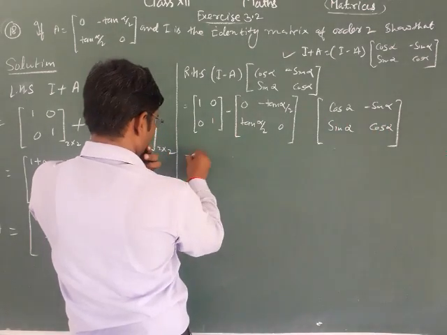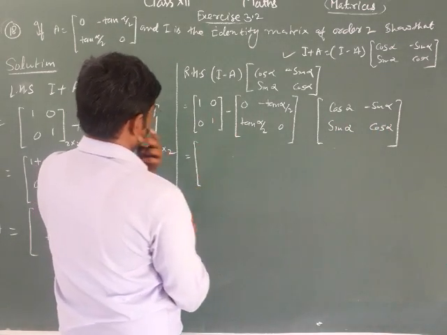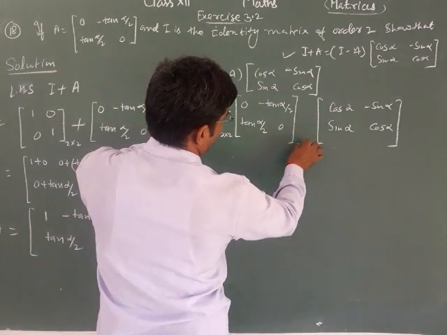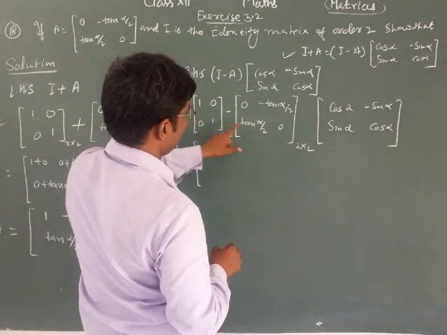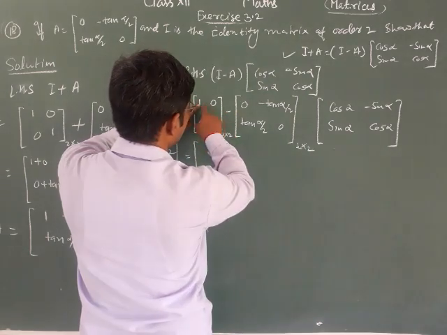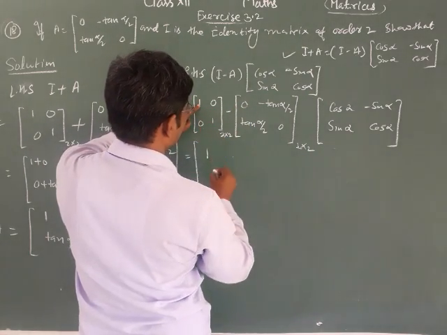Now here we have 2 by 2 and 2 by 2, so the order is the same, and corresponding elements are subtracted. So 1 minus 0, this is 1.